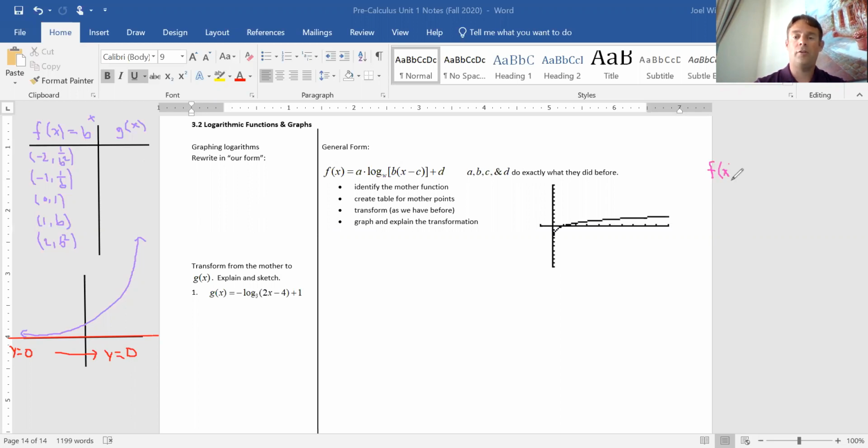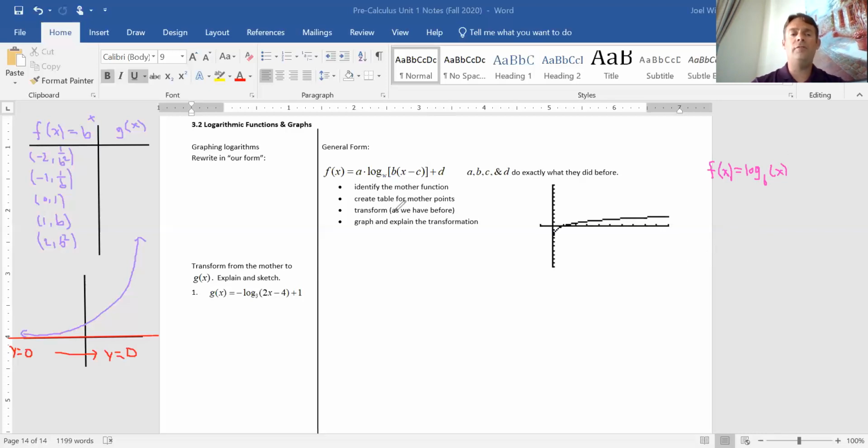So just like the base of the exponent, we also have the base of a log. All right, there's our base right there.